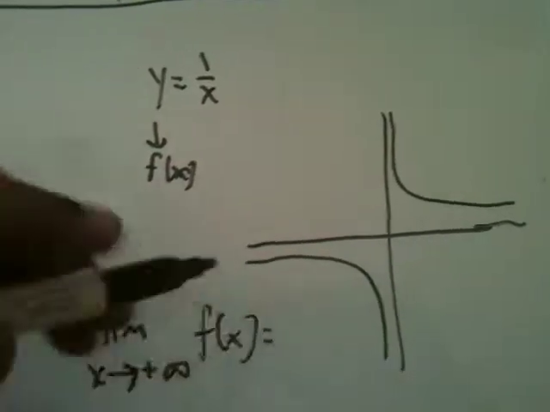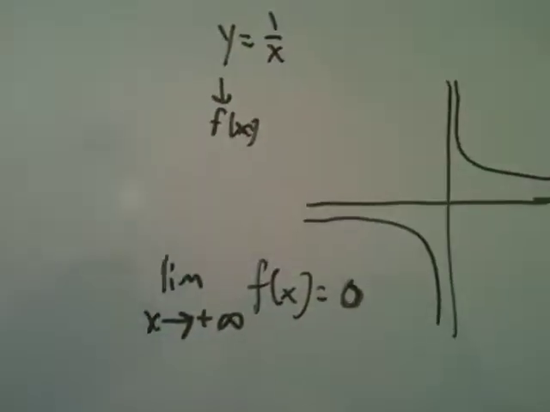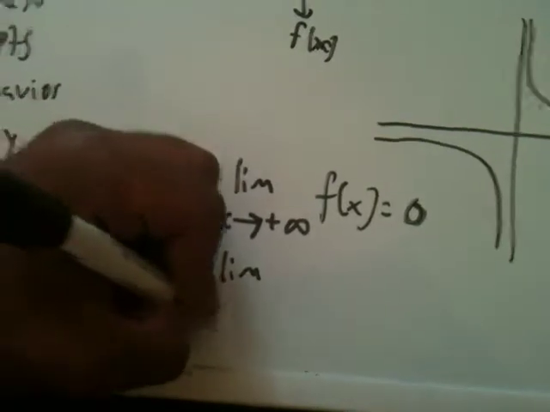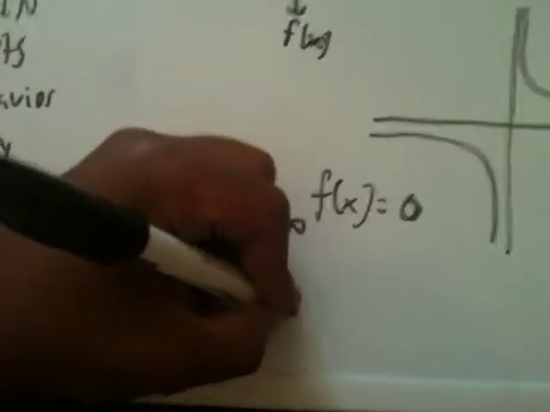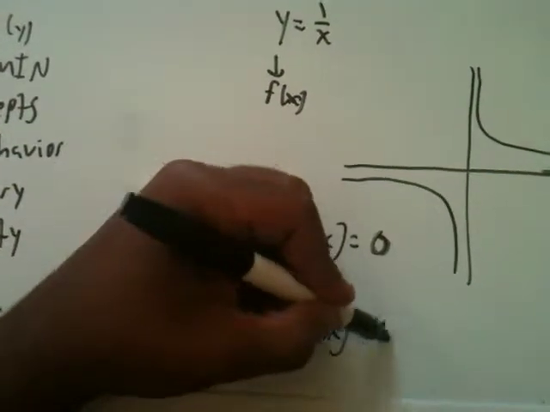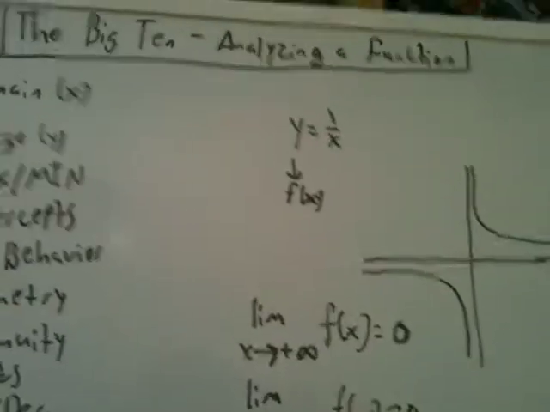It approaches 0 in this case, so we say that the limit is 0. It goes for the other direction too. The limit as x approaches negative infinity of f of x is equal to 0. So those are the two things you need for end behavior. You can also have limits that go to infinity as well.